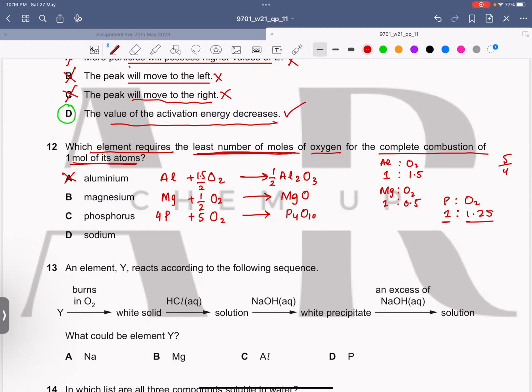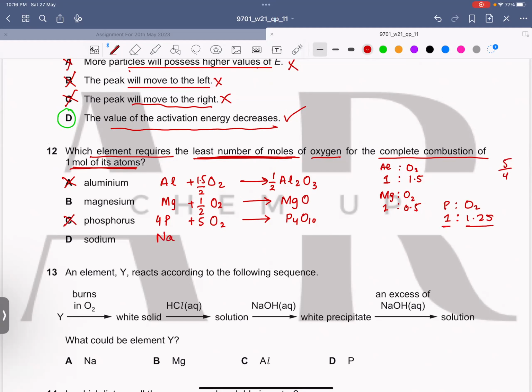more moles of oxygen as compared with 1 mole of magnesium. So C goes wrong. Now we have sodium. When sodium reacts with oxygen, it will form Na2O, right? To balance the equation, I have to put a half over here because I have to keep, for example, 1 mole of sodium.